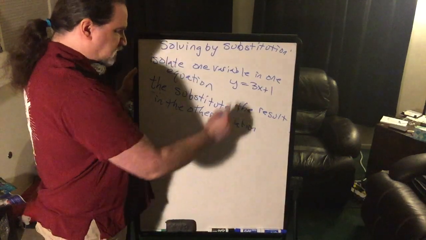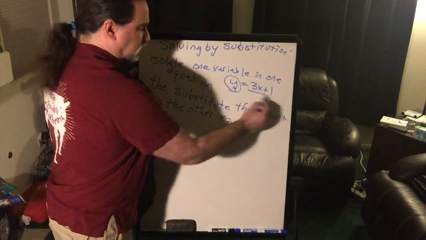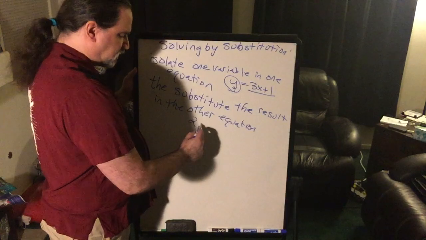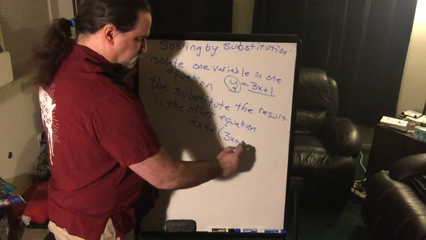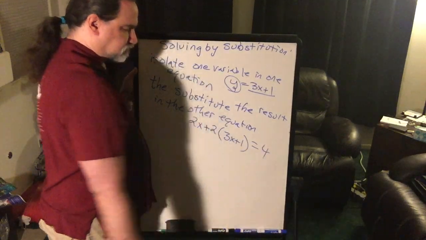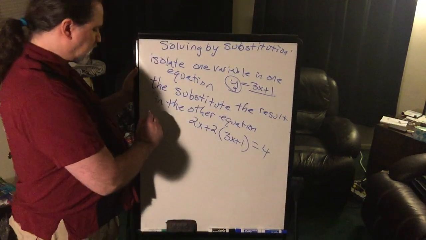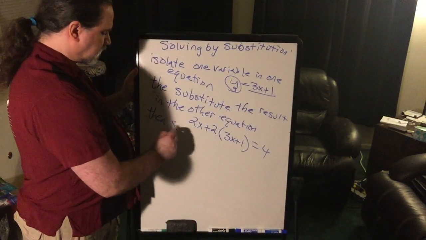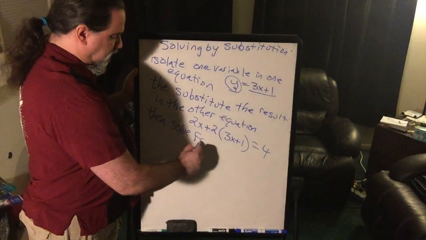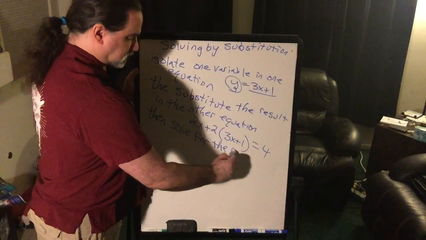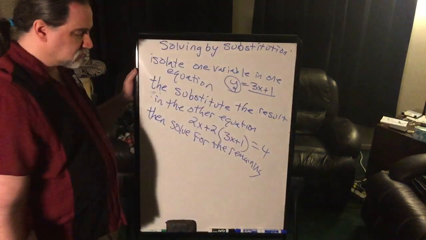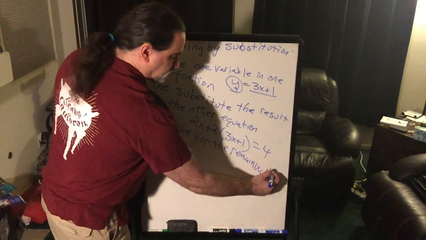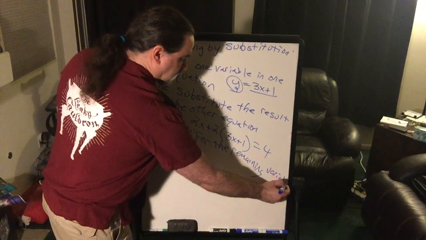Then you're going to replace the y with 3x plus 1 in the next equation. And then solve for the remaining variable. So now you can see there's only x in this one.